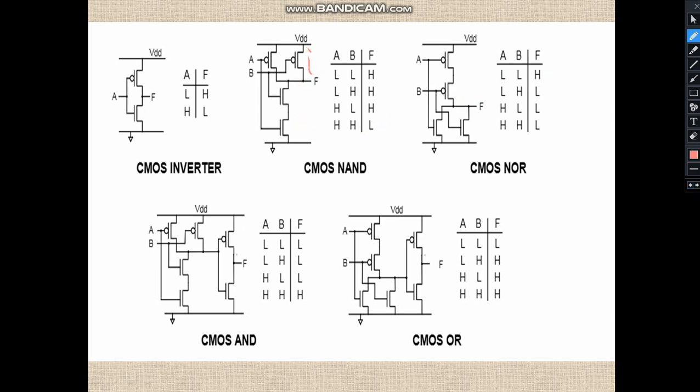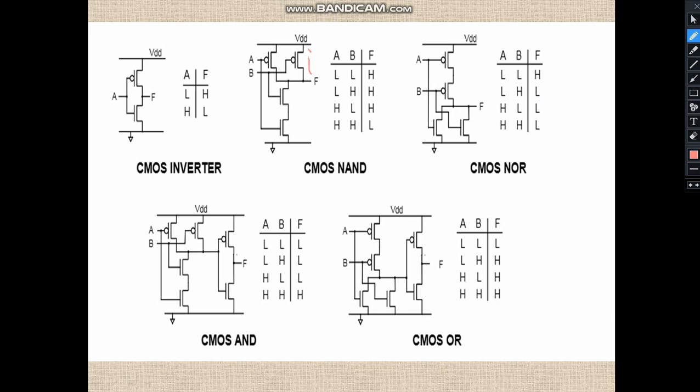For the other three conditions, for low and high, one NMOSFET will be on, one is off, and still your output is connected to ground. The PMOS are in series, so this path will work but that one will not work. So this is not connected to VDD, and your output is low.